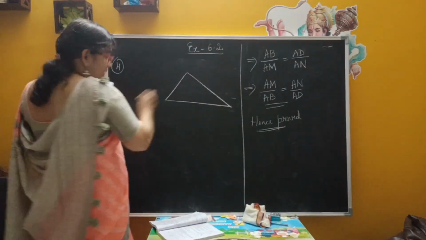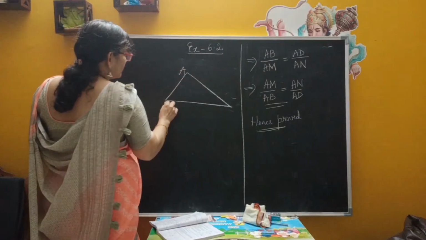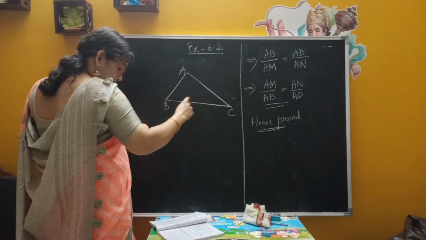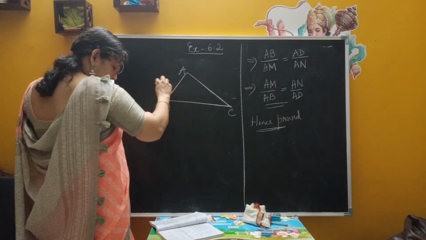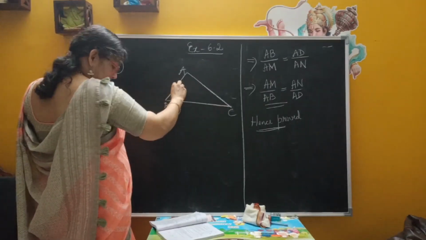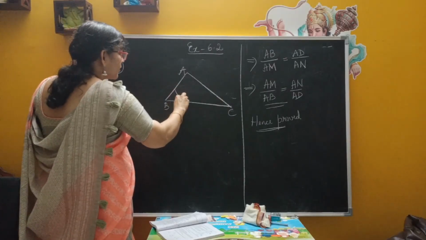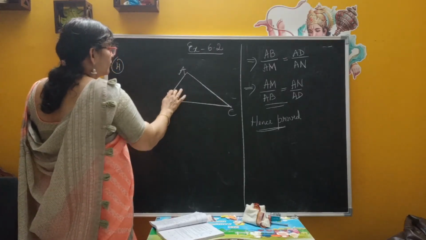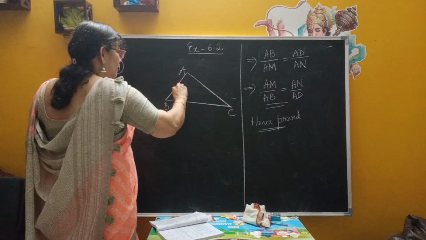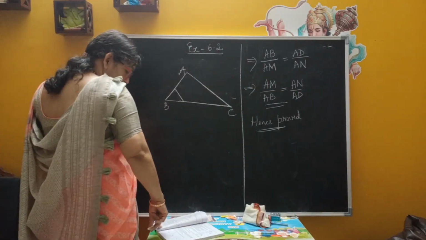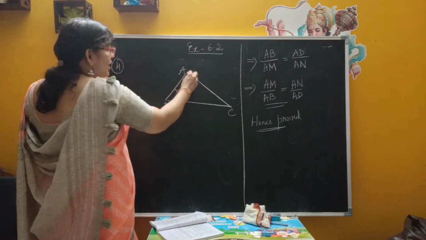Here are the points D and F. This DF is parallel to AC, and one more line AE.